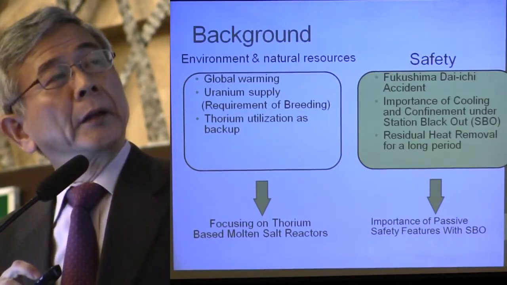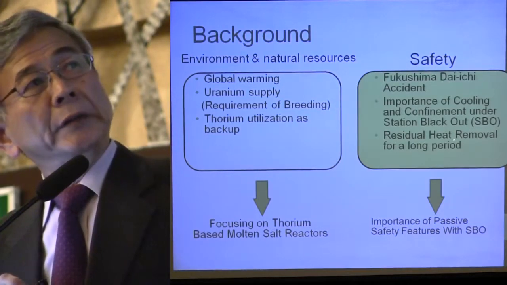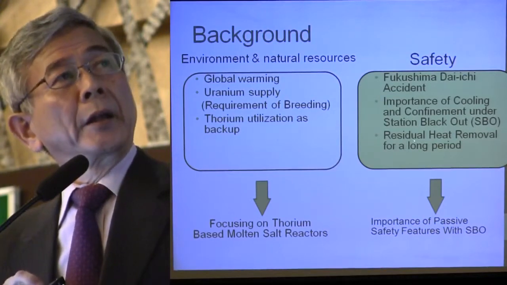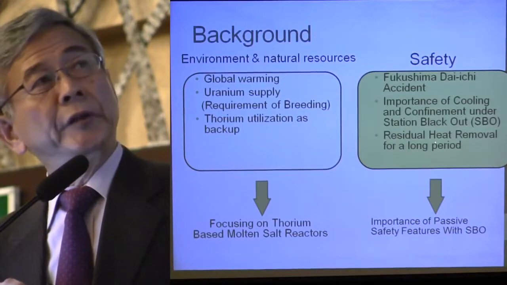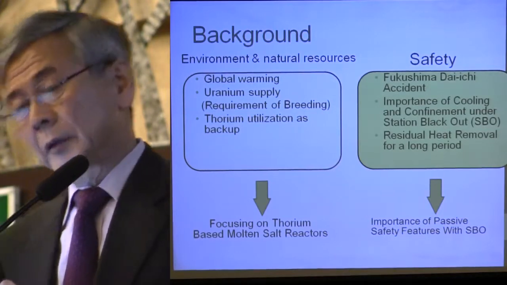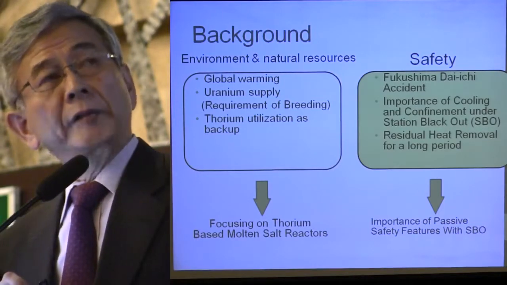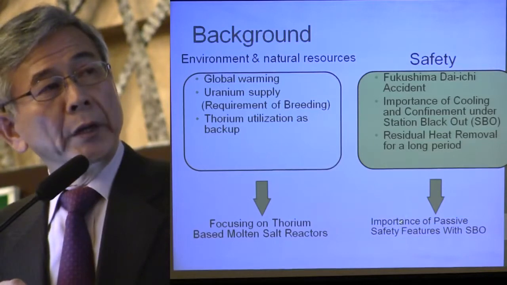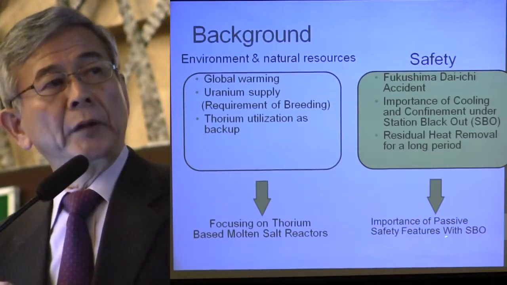The most important thing is the residual heat removal for a long period. If Fukushima had succeeded in this residual heat removal, then that kind of disastrous nuclear accident could be avoided. That means we acknowledge the importance of passive safety features.